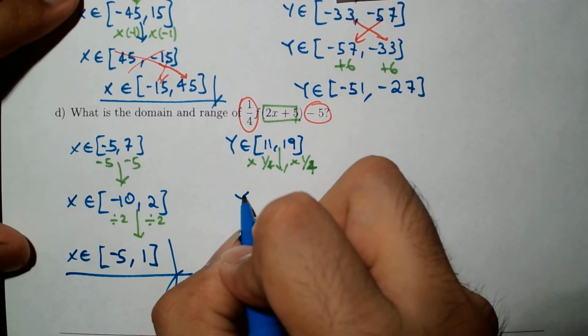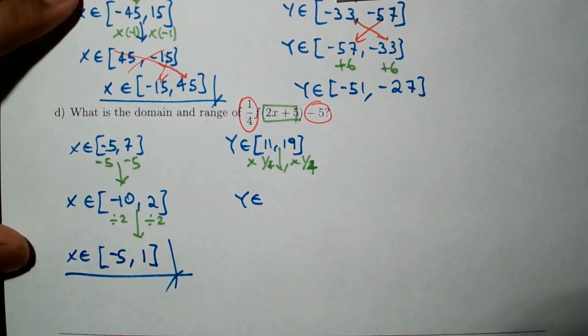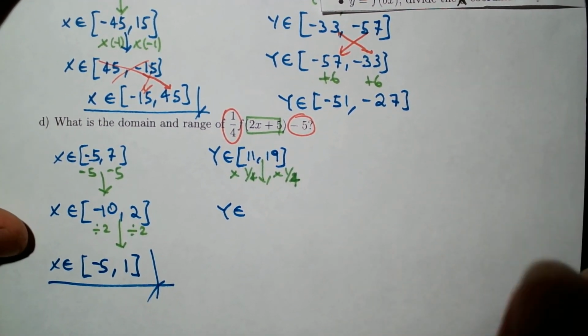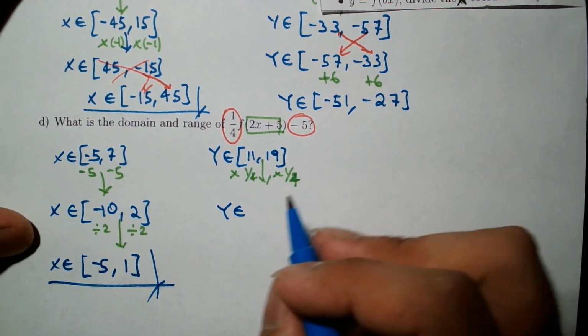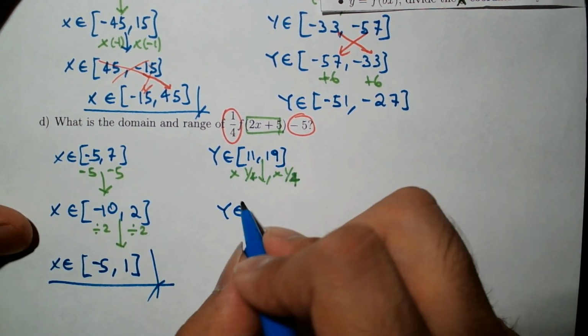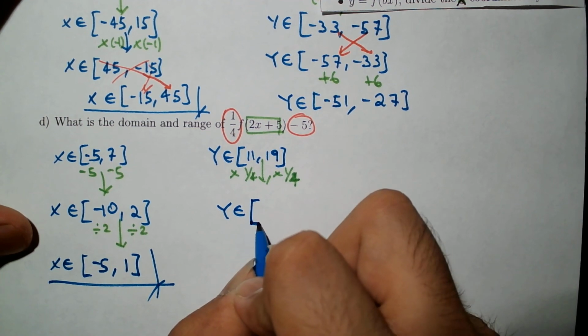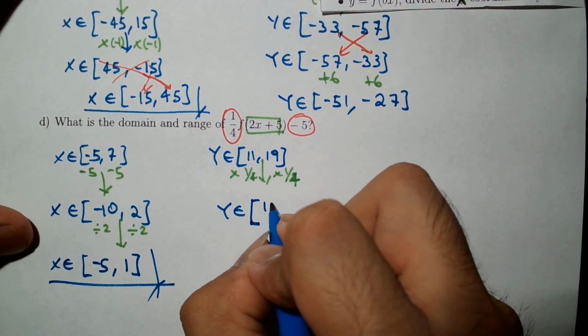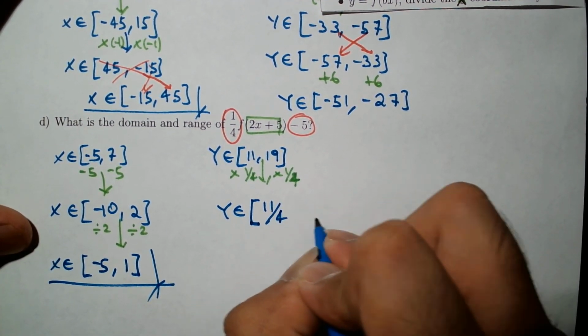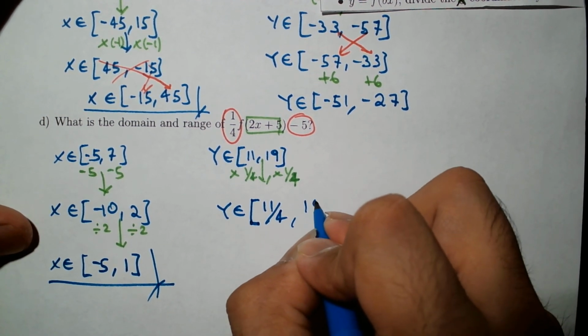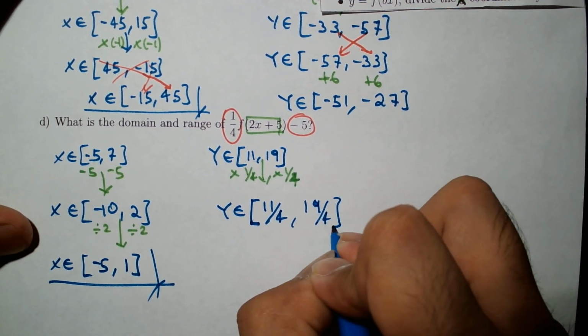That's going to give us y belonging to 11/4, well, in this case, we're going to keep it as 11/4, and 19/4.